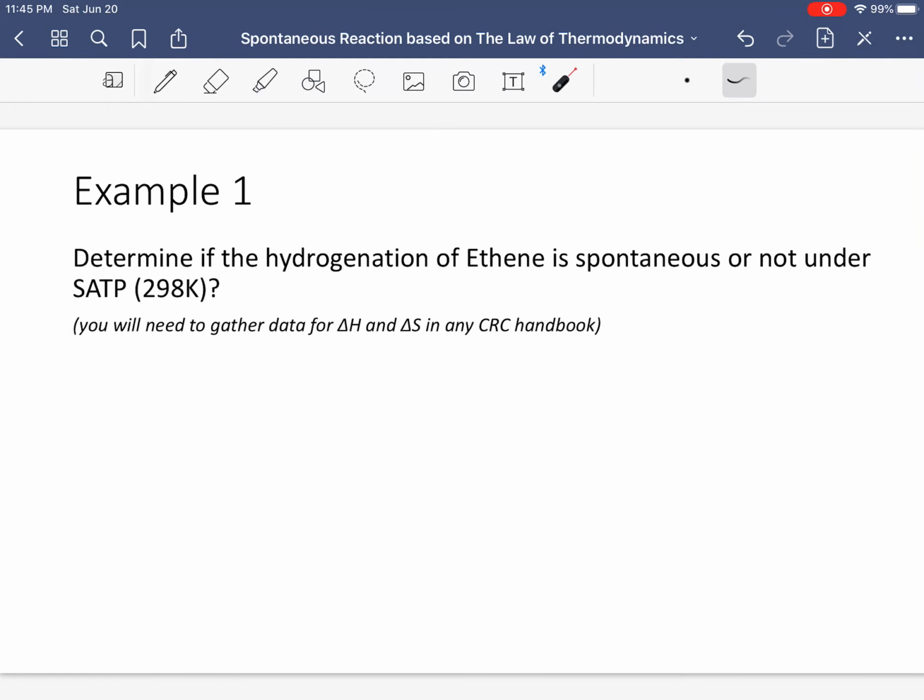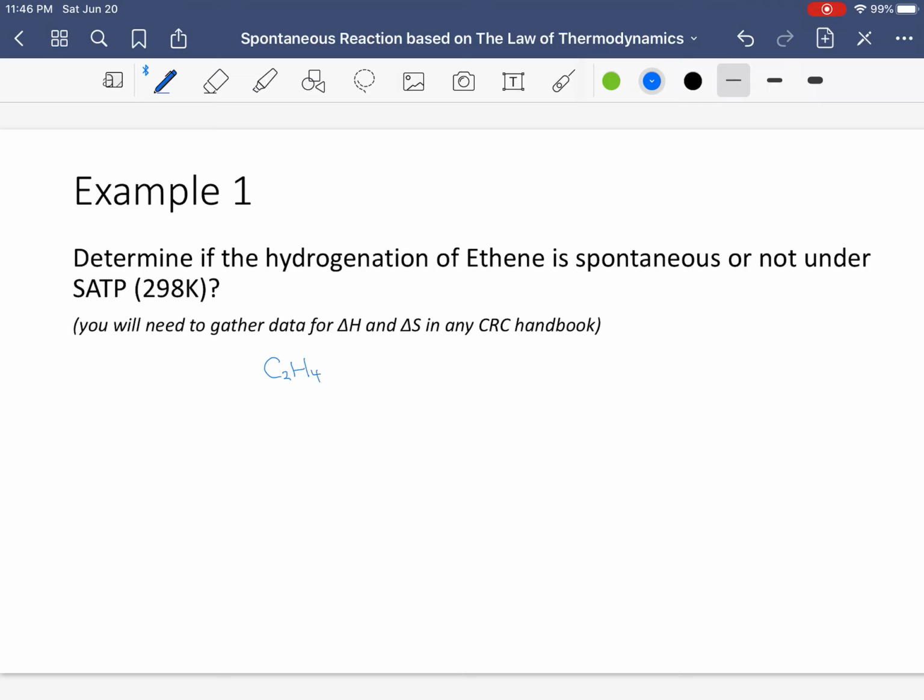Question number 1. I want to know if this reaction is spontaneous or not under SATP. Oh, thank goodness we learned organic chemistry. Imagine if I gave you this question and you hadn't learned organic chemistry yet. My God, that would be disastrous. Ethene, right? That is C2H4.